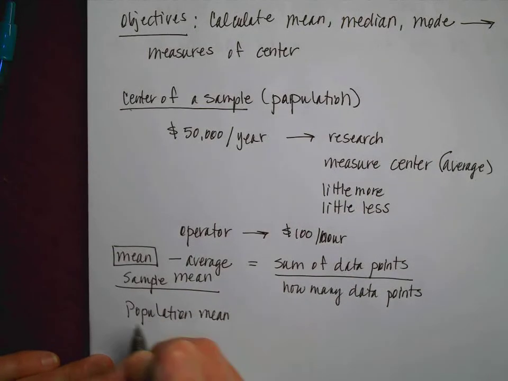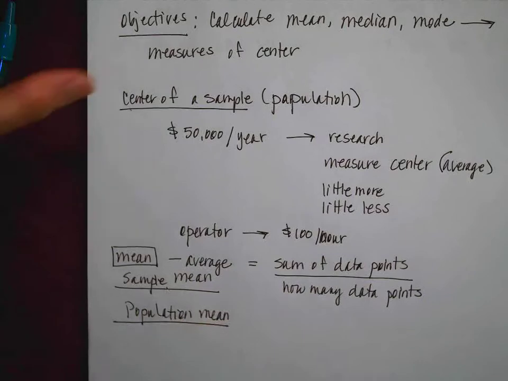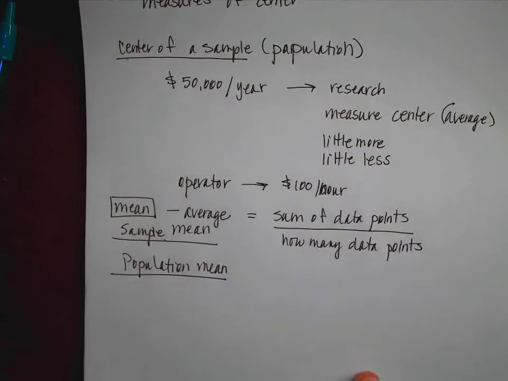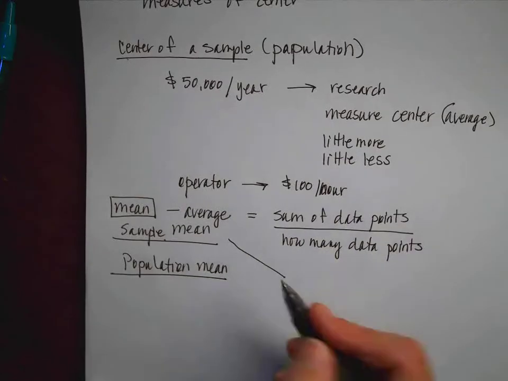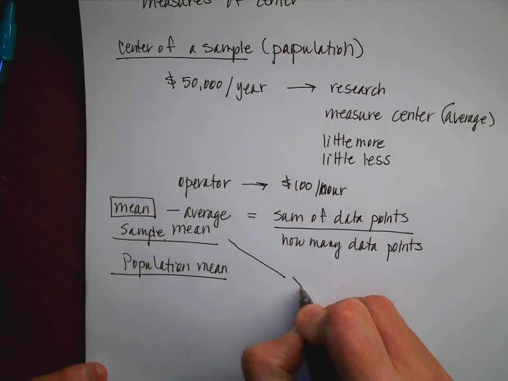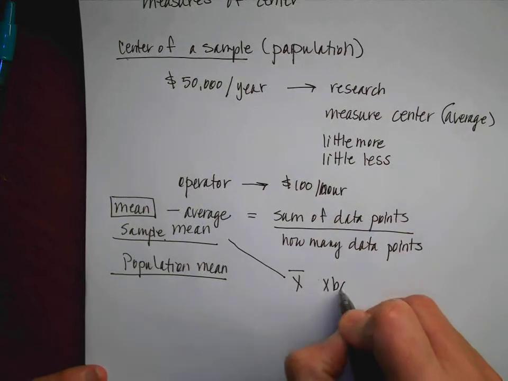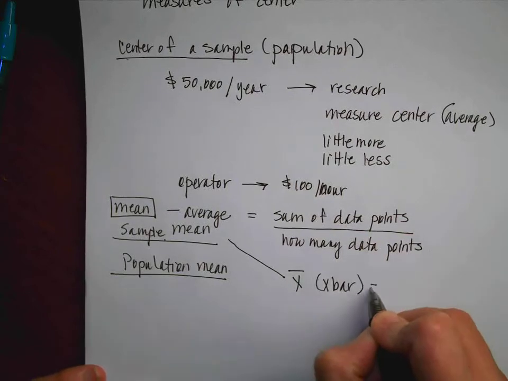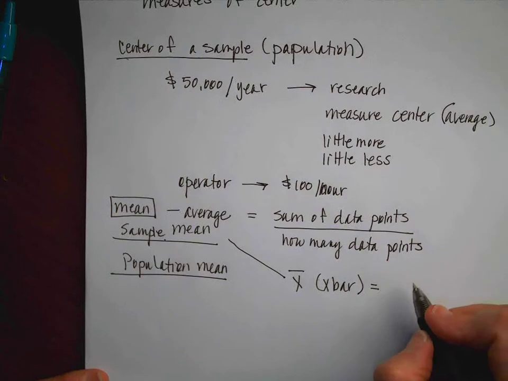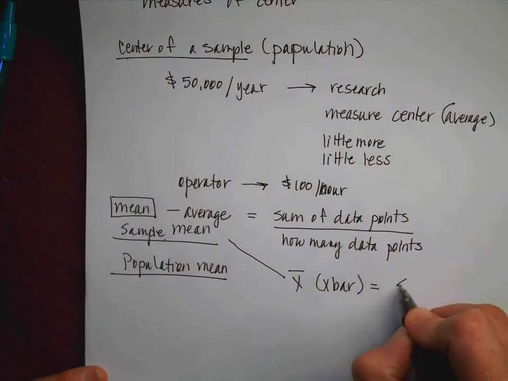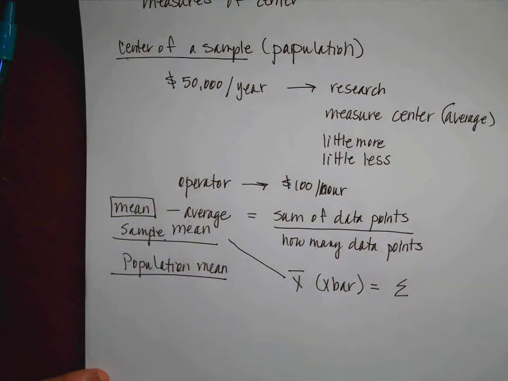For the majority of the time, we're going to be talking about sample, but I just wanted to show you some differences. So for the sample mean, we're going to call that x with a line over the top, and that's called x bar. That's just going to be the sum of the data points. I'm going to write sum this way.